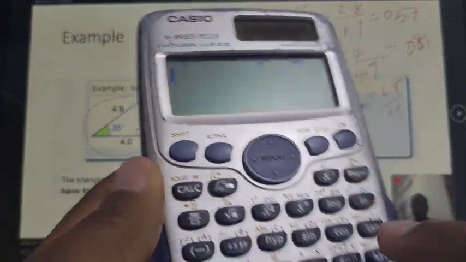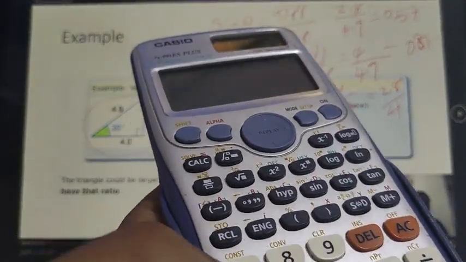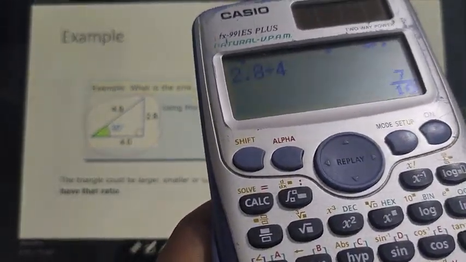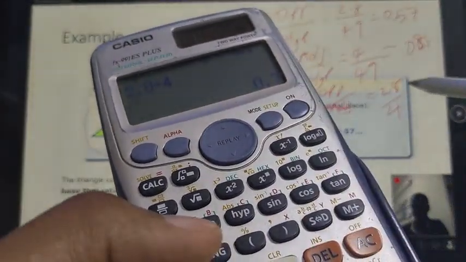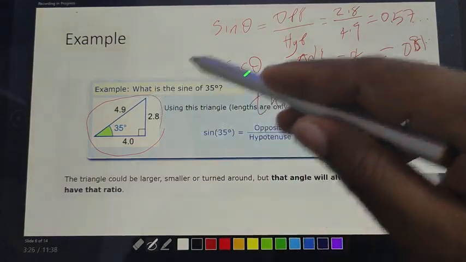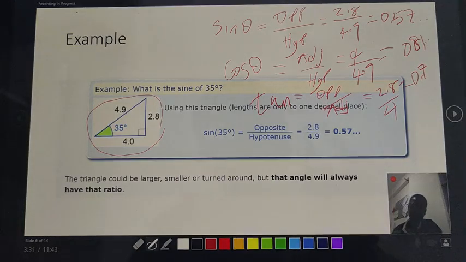So we do 2.8 divided by 4, which is 0.7. So those are the ratios. Remember, whatever the size of that triangle, these ratios will still remain the same. The triangle could be larger or smaller, whether you turn it around, but that angle will always have the same ratio.